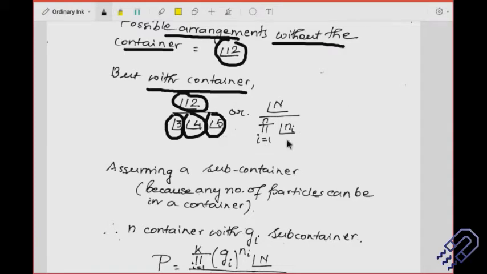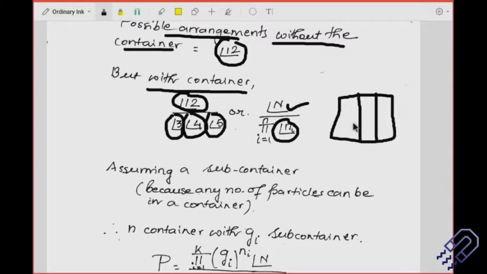If I have n number of letters, we are going to see that this is not going to be letters but molecules. If we have n number, we can arrange them in factorial n ways, and if they are divided into different containers, say a box divided into 3 parts, this is 1, this is 2, this is 3, and this is how you are arranging things.